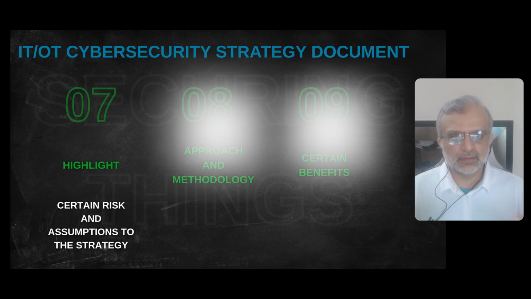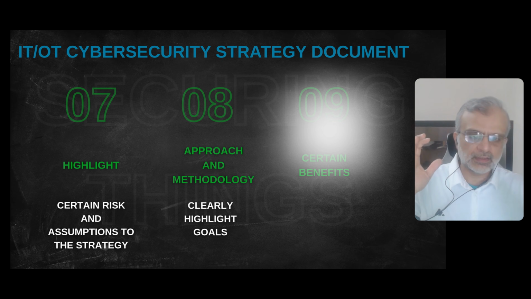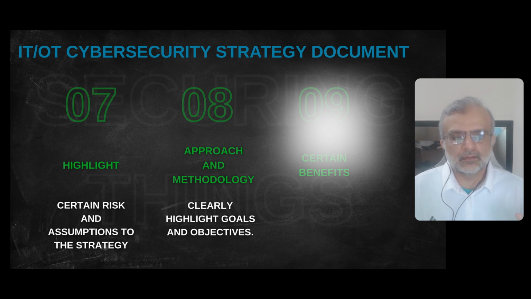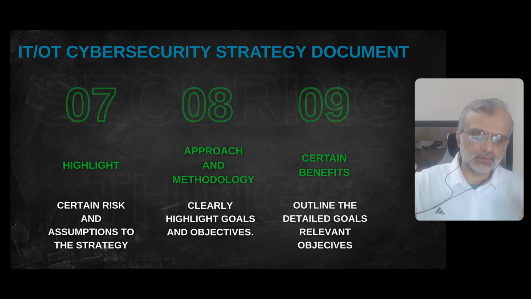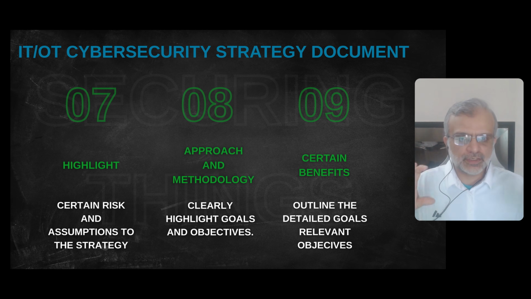And then we will define a one-pager cybersecurity strategy, which would clearly highlight, probably in a graphical format, your goals and objectives. Then you will have the goals, objectives, and workstream mappings, which will outline the detailed goals, relevant objectives of those goals, and then relevant workstream numbers, which are your strategy initiatives.